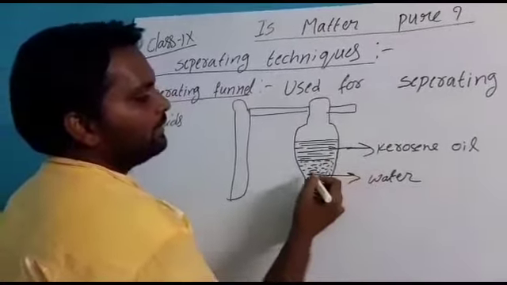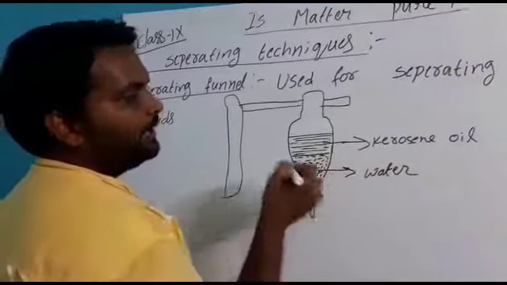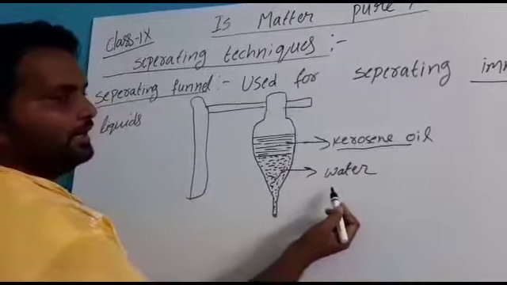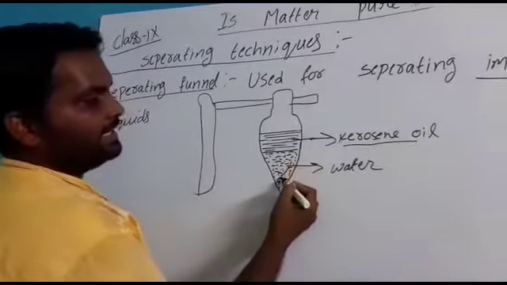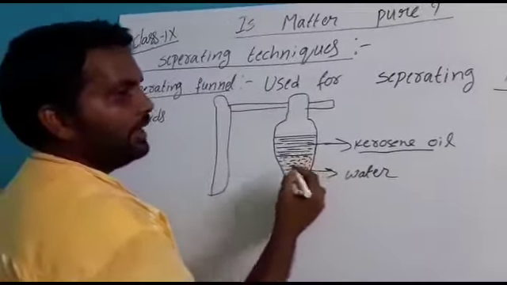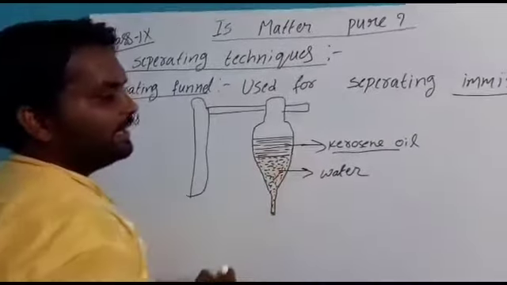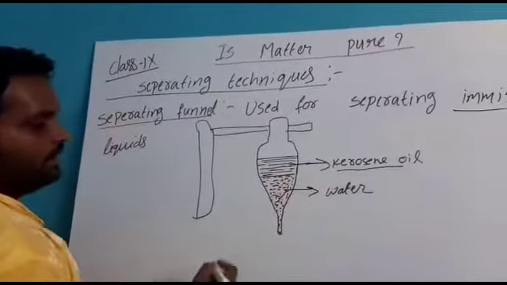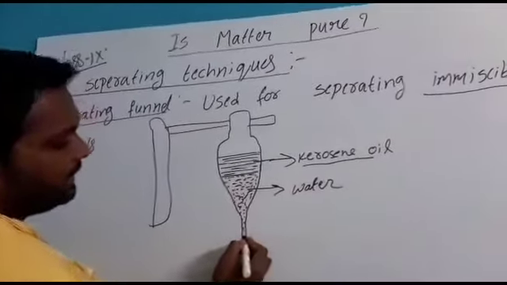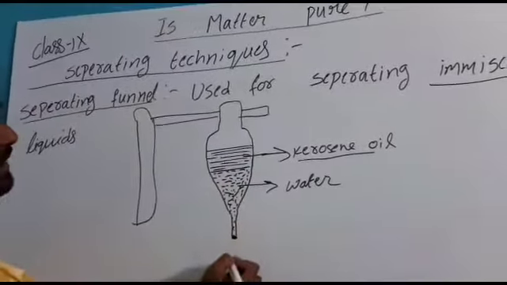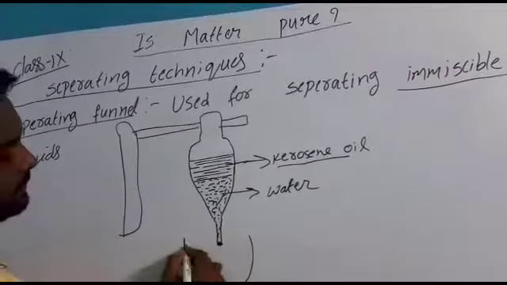Kerosene floats on water because kerosene has less density than water, and water has higher density than kerosene. So water appears in the down position and kerosene appears on top. Here is the outlet, so first the water comes out dropwise.